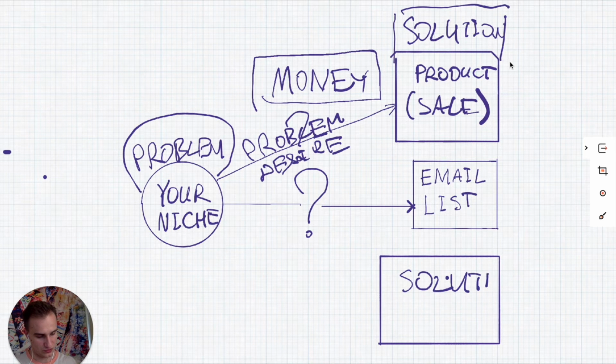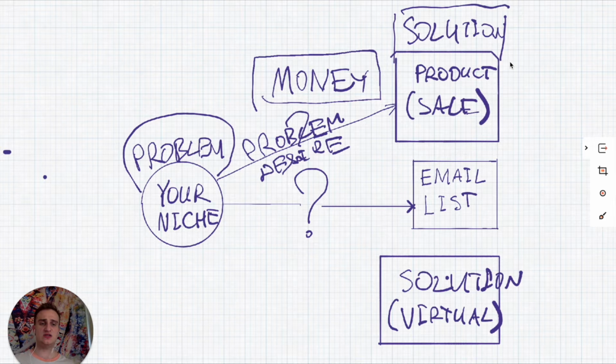And this is going to be a virtual one. This solution is going to be some kind of digital offer, an ebook, or an opportunity to join a community or something else, a digital solution.